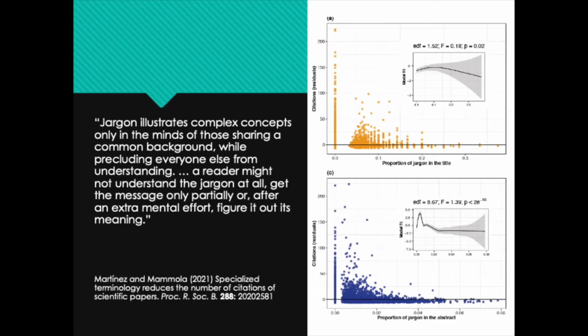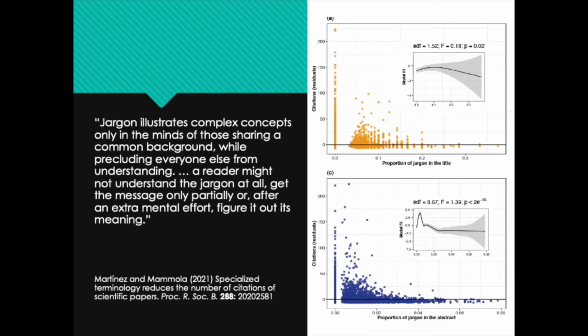Now, on the right side of this slide, you can see a figure from this article, and they show 2 different panels. The top one is comparing the proportion of jargon in the title to the citation rate. And the bottom one is comparing the proportion of jargon in the abstract to the citation rate. As you have a lower proportion of jargon in the title or in the abstract, you have a higher citation rate.